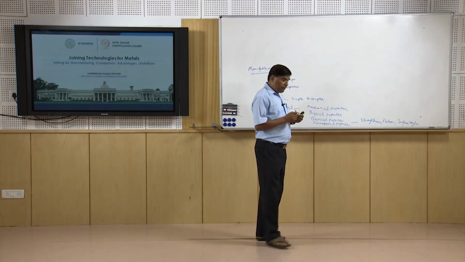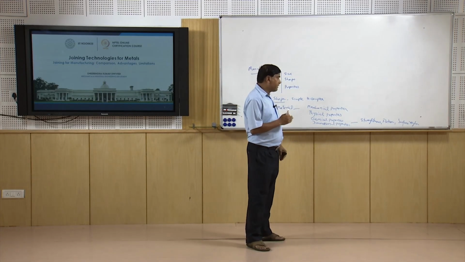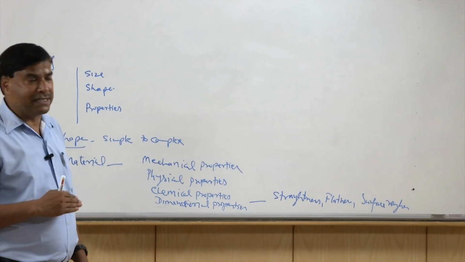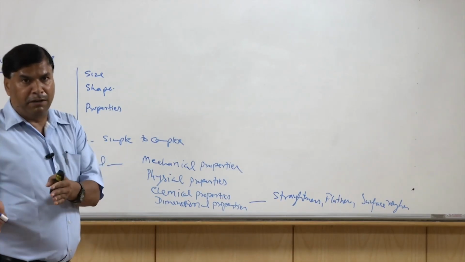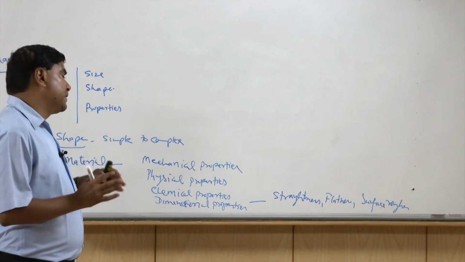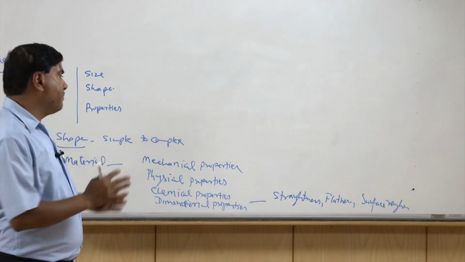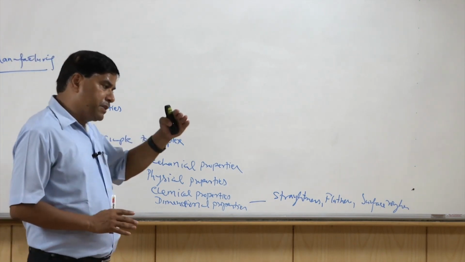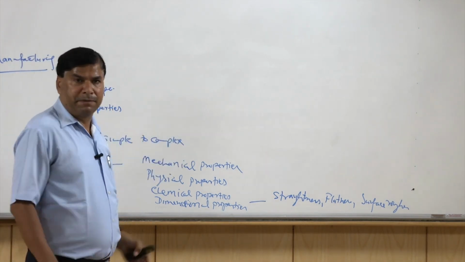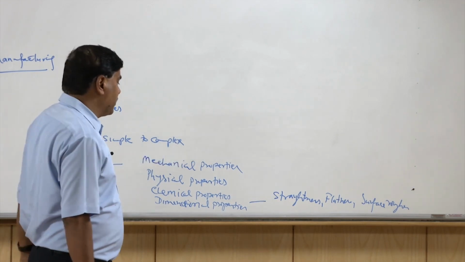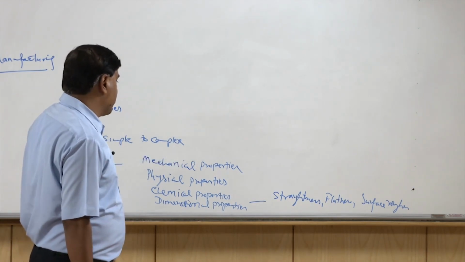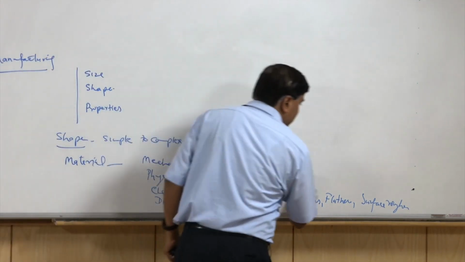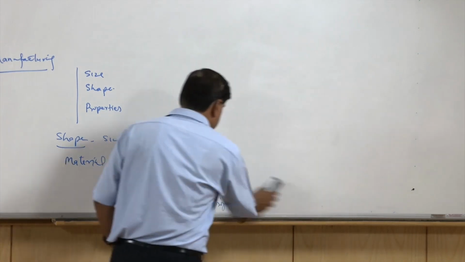So, in the final product, if the requirement for the surface roughness is very stringent, like a very good finish is required, then we have to go with one kind of manufacturing process. Similarly, if very good dimensional accuracy is needed, then the selection of the manufacturing process for the product becomes quite different. So, gradually we will talk about the things that matter actually in the manufacturing processes and their selection.